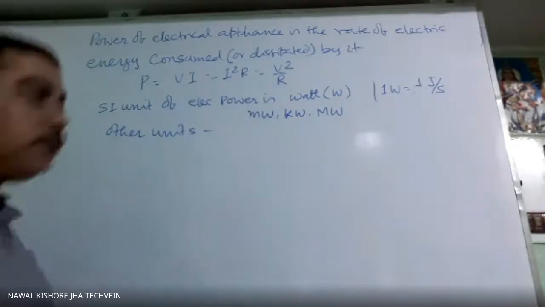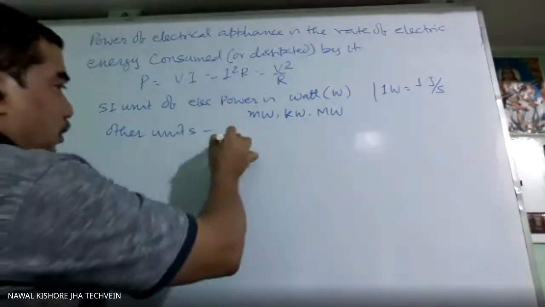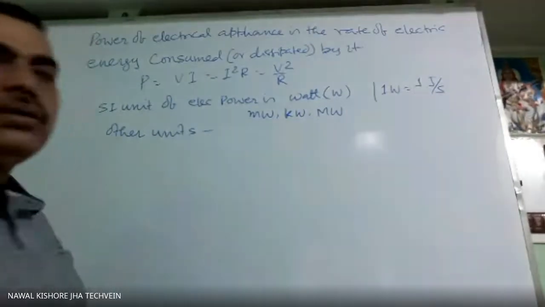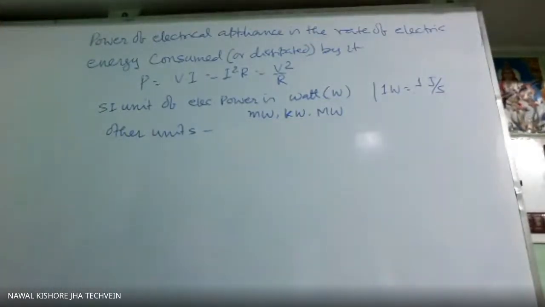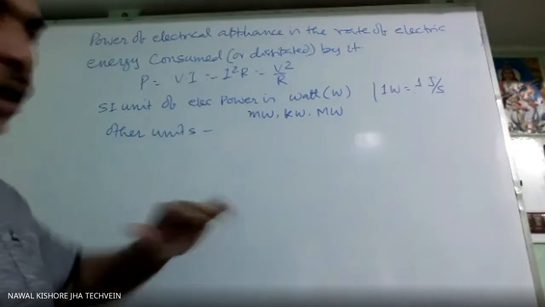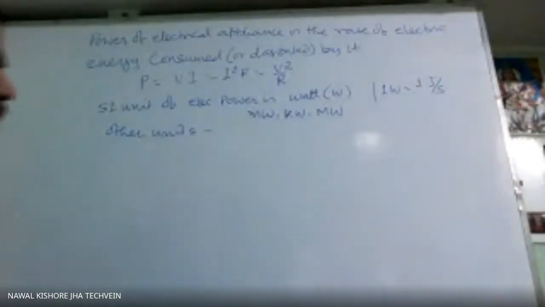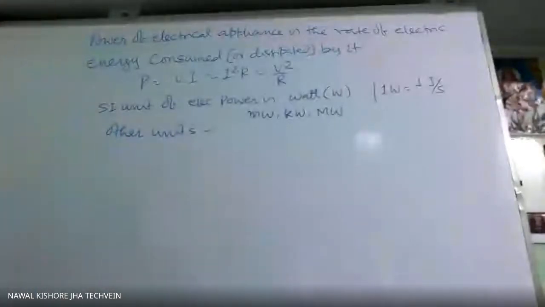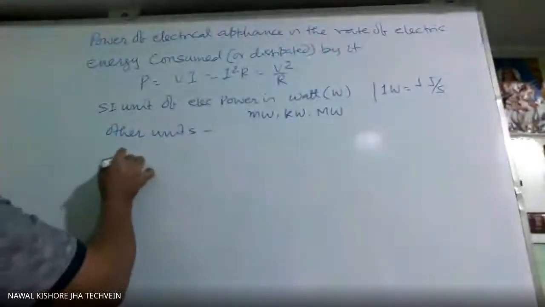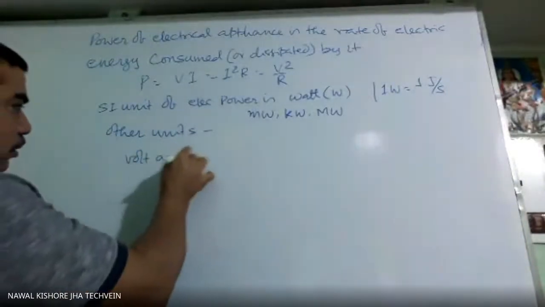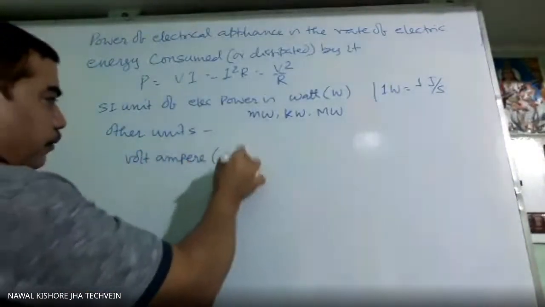But other unit is horsepower, HP, but generally we are not using HP. Here we use it when energy is converted, like an electric pump, which changes it into mechanical energy. Sometimes it is written the pump is of that much HP. Generally we don't express it so. Generally we express here in volt ampere, VA.